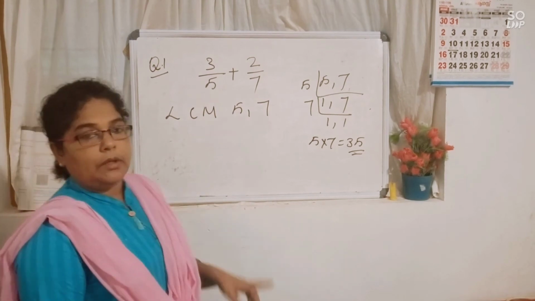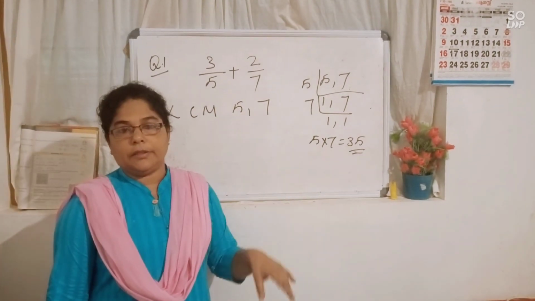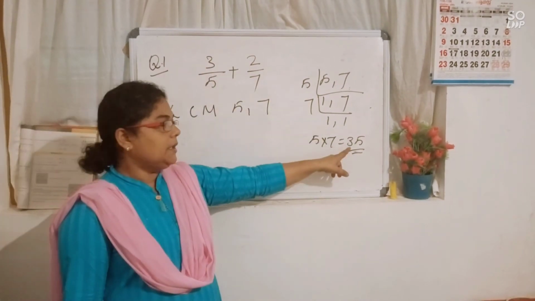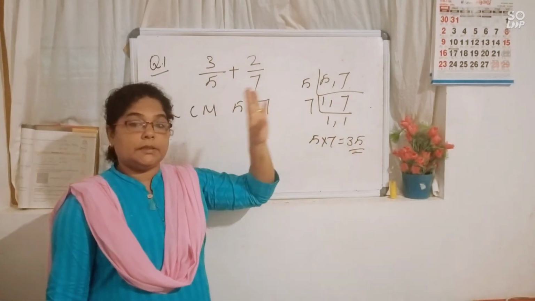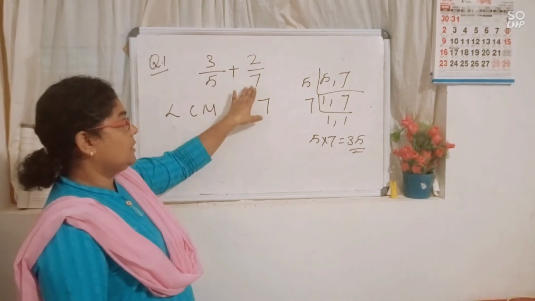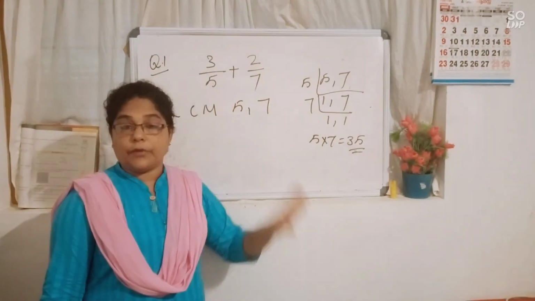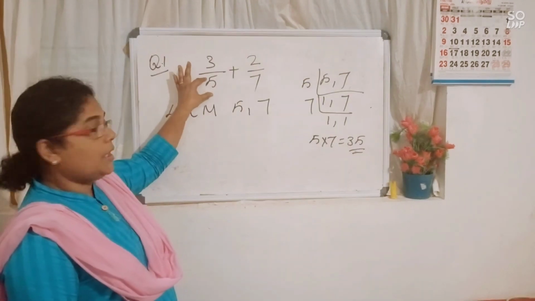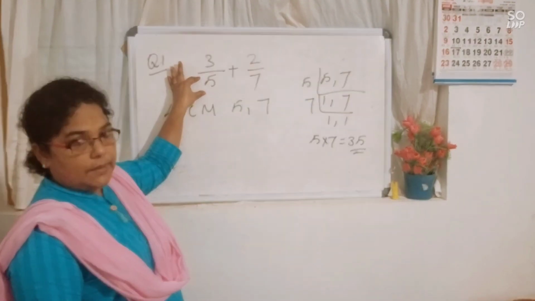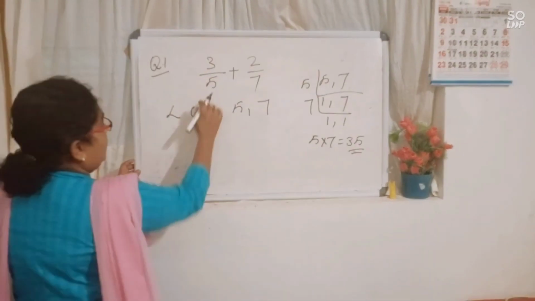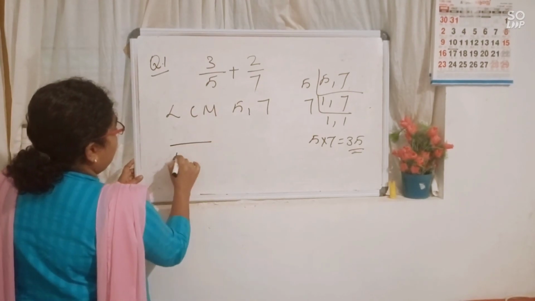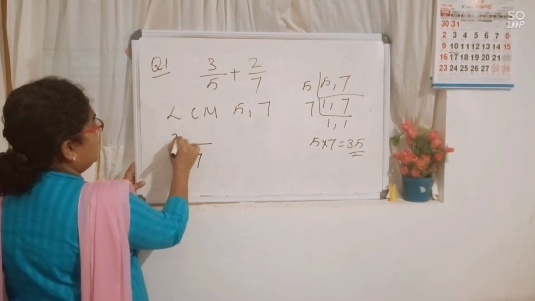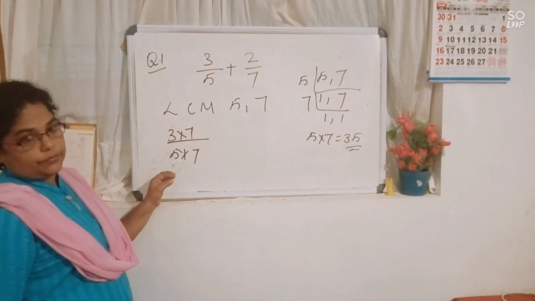To make equal pieces for A and B, A's chocolate, how many pieces should it be divided into? 35 pieces. This one also should be divided into 35 pieces. So to get 35 pieces, we have to multiply by 7. So when we multiply by 7 in the denominator, we have to multiply it in the numerator also.